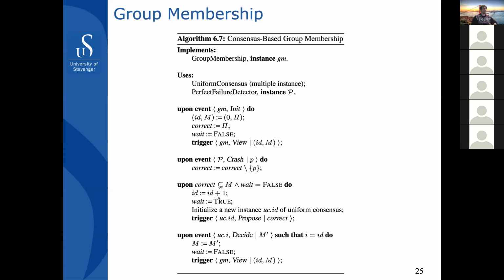Then it increases the round, sets this waiting flag. So this waiting flag is just to ensure that it doesn't try to install a new view before it has reached a consensus on a previous one, and then it proposes this view with those processes for the rest of this system.